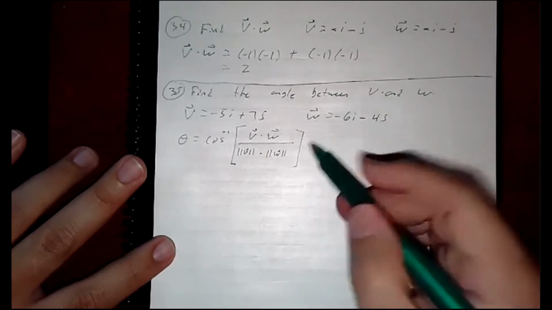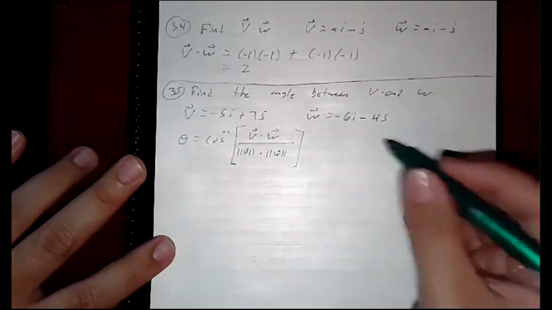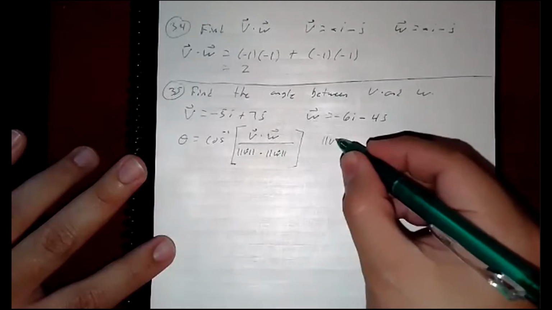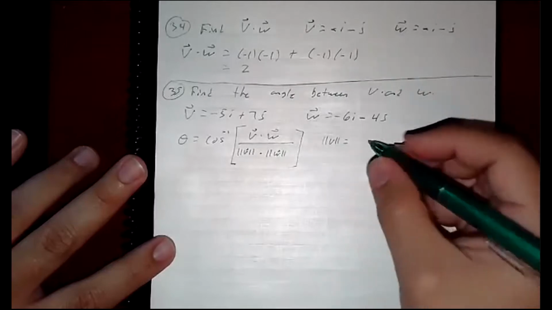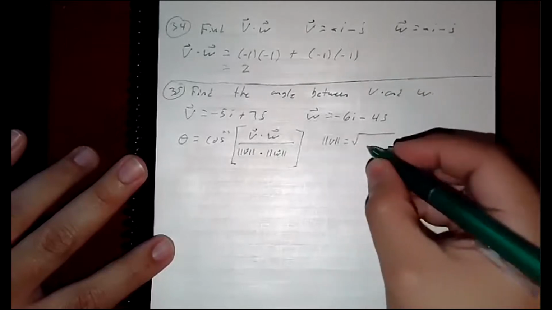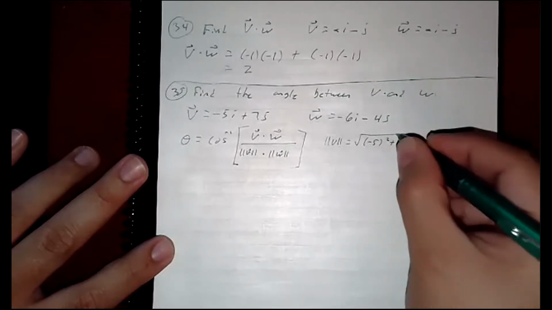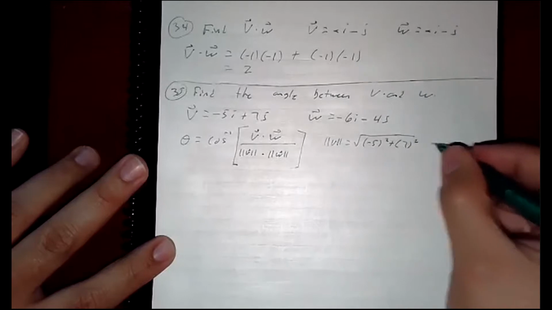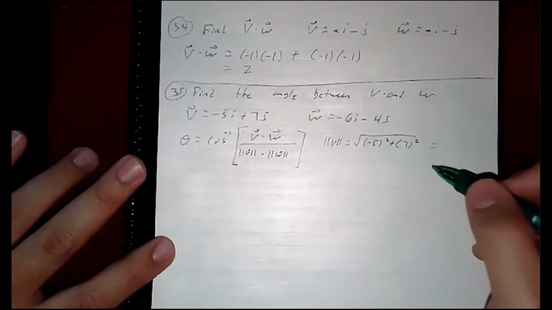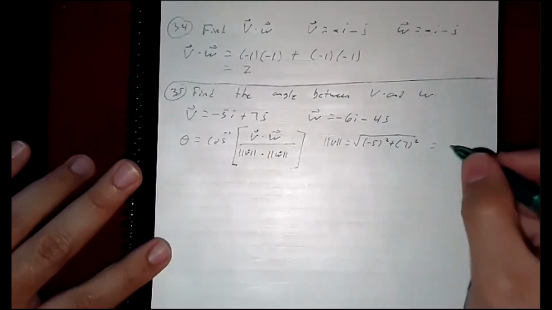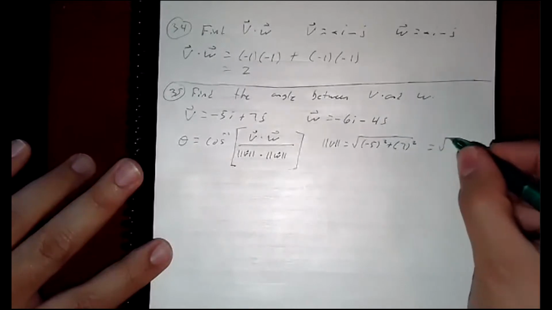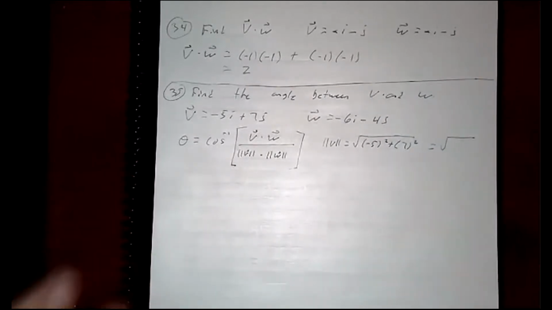All right, so we're going to find the dot product first and the magnitude. So let's find the magnitude of V. That would be the square root of negative 5 squared plus 7 squared, which would be 25 plus 49, right? What is that going to be? Oh, 74, is that 74?